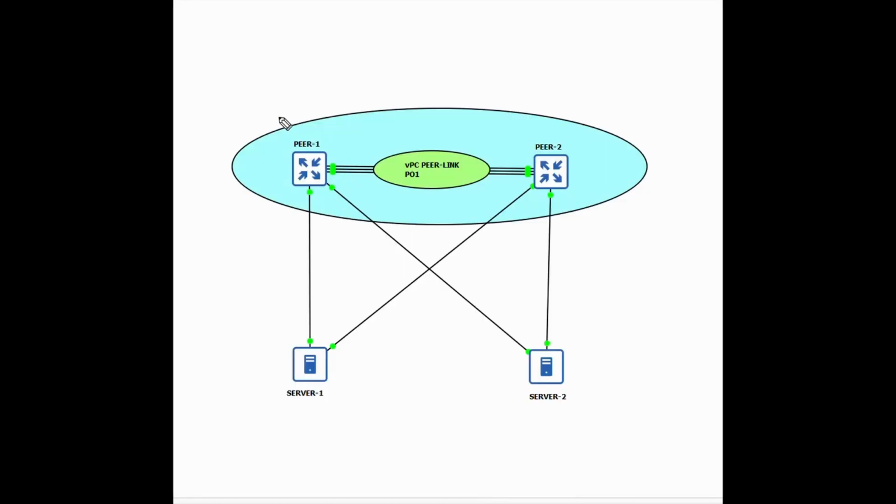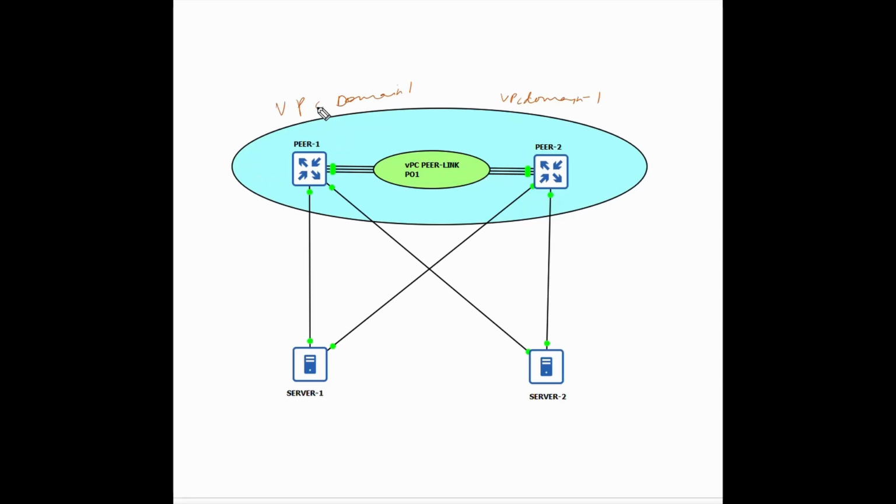So let's say we define VPC domain 1 on peer 1 and VPC domain 1 on peer 2. Using this domain ID, the two VPC peers will generate a shared LAG ID, or link aggregation ID.